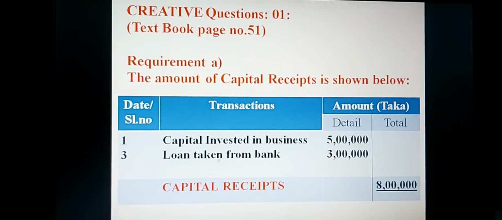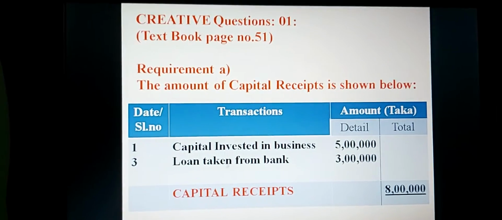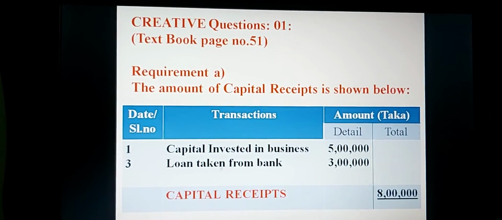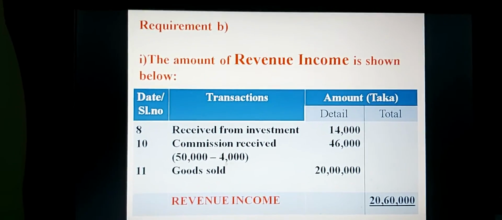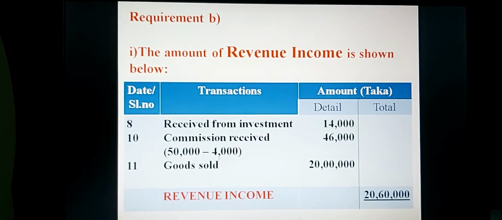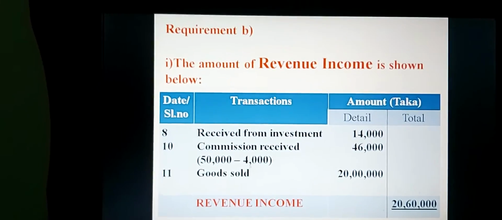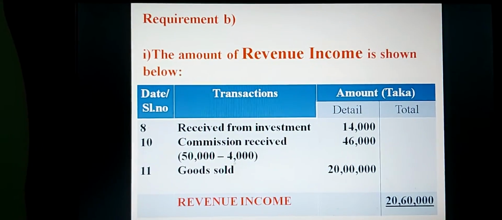Okay, you can go to the next page for solving requirement 2, or requirement B. Now you can see on the screen from my slide requirement B. Answer 1: the amount of revenue income is shown below.